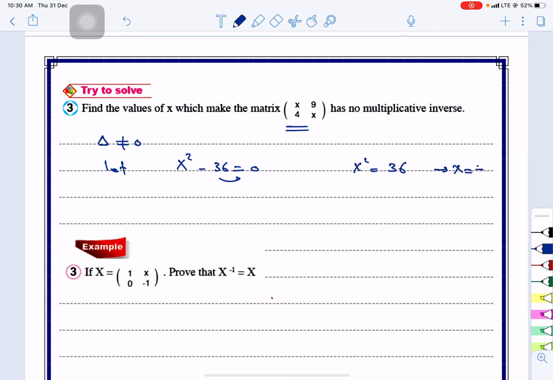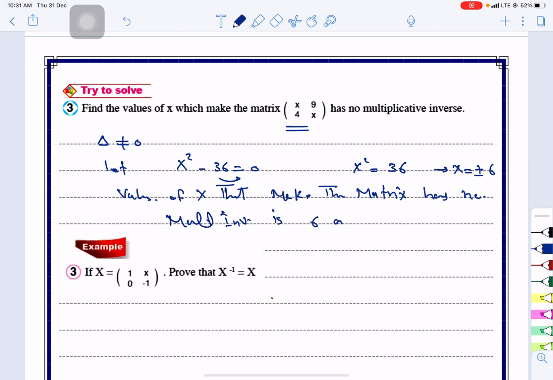So x equals positive or negative 6. So the values of x that make the matrix have no multiplicative inverse are 6 and negative 6.